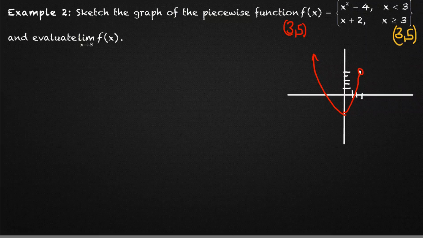But the linear function has a slope of 1, and we close in that circle because it's a greater than or equal to. So as x approaches 3, we end up getting a y value of 5. That's a very simple problem, and that is how you use the graphical method to determine what the limit is.